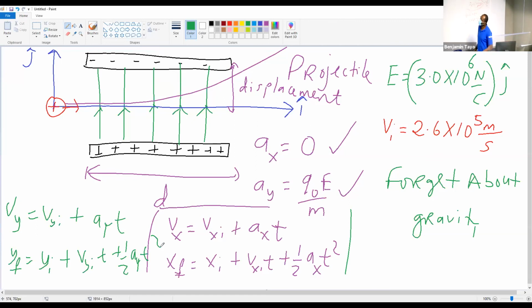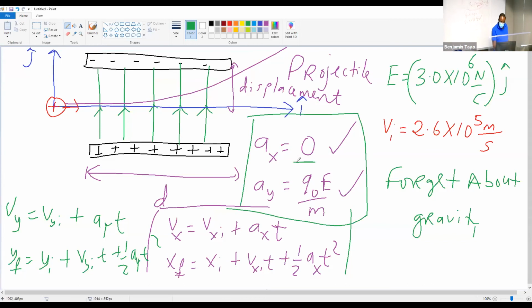I've gone over this very quickly, but I think next class we're going to sit down very carefully and try to solve this problem. But the only difference here is that the x direction has no acceleration. I only have my acceleration pointing up.